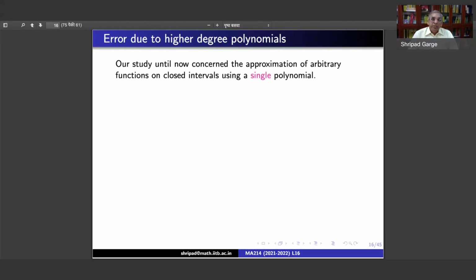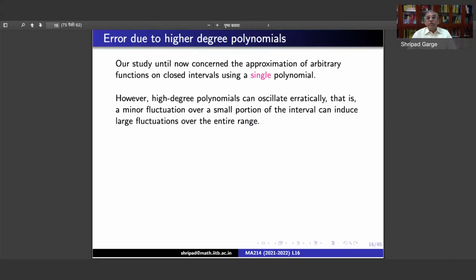Sometimes we also demand that the derivative values be the same and so on. But even then, when you use a single polynomial to approximate the whole data, if the data is really large, your polynomial is likely to have a higher degree, and these polynomials are not good, because higher degree polynomials can oscillate erratically.